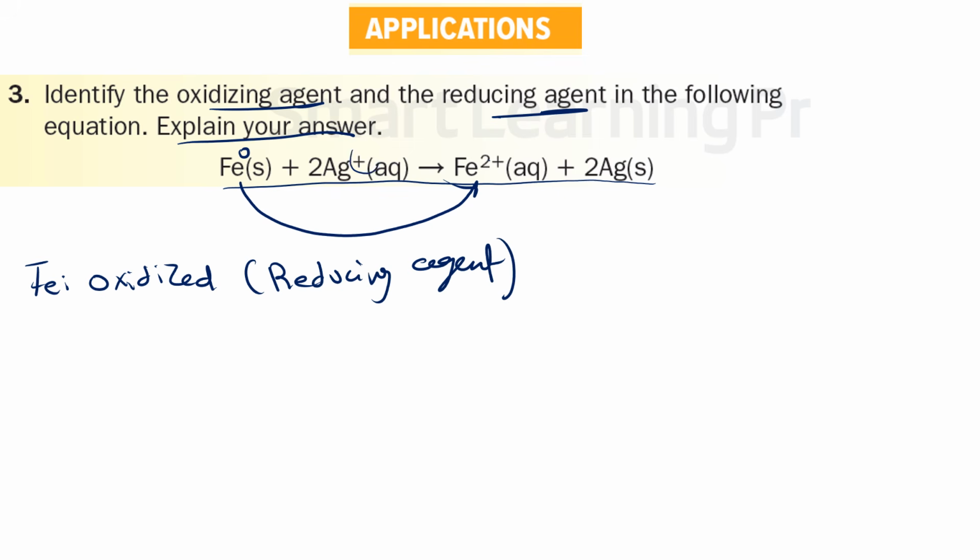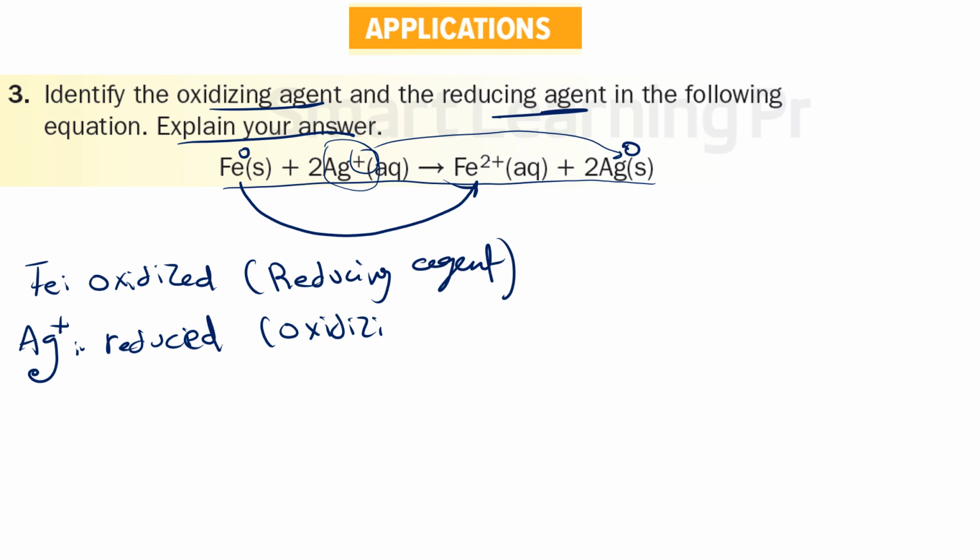Look at Ag, it was plus and it became 0. So Ag plus لأنه هاي ال Ag plus ناخذها كما هي من المتفاعلات is reduced لأنه شحنتها قلت and it is oxidizing agent.